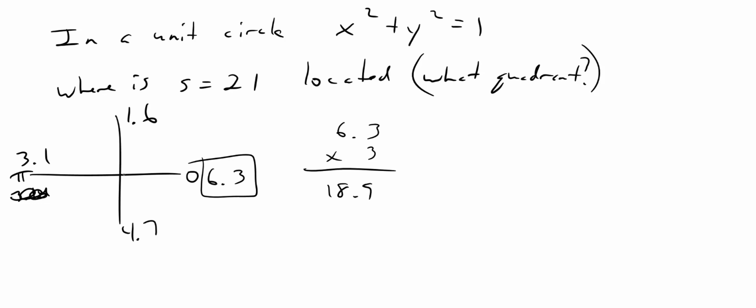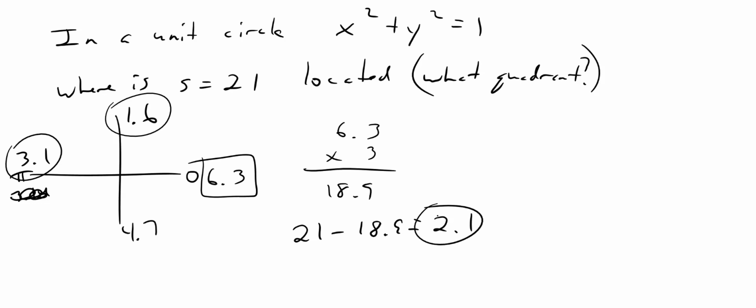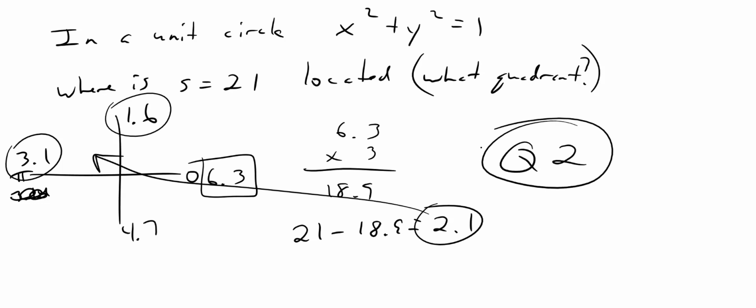So do you guys agree it's a little bit more? Here, let's do it. It's 21 minus 18.9, which is 2.1. And where's 2.1? Well, it's between 1.6 and 3.1. So that's in this quadrant. So if I told you where is 21 radians located, you would say quadrant 2.